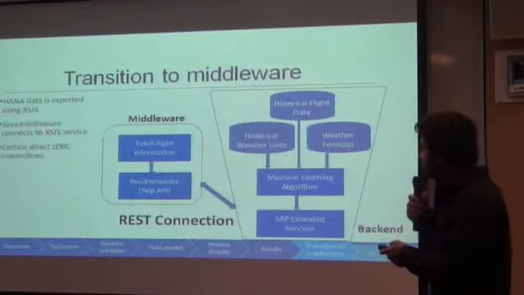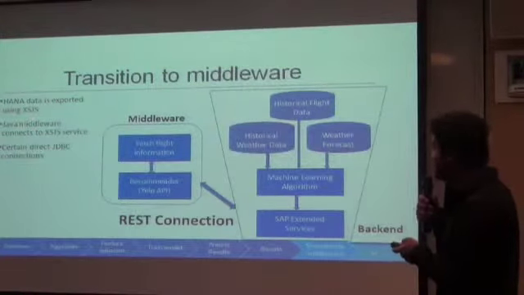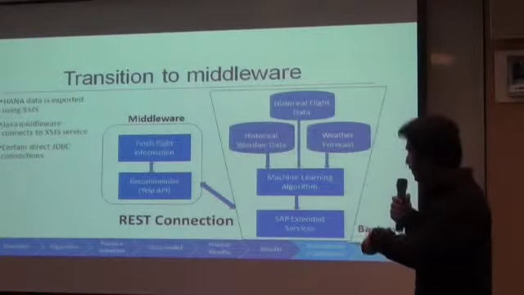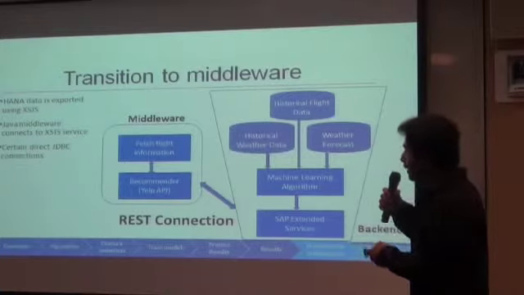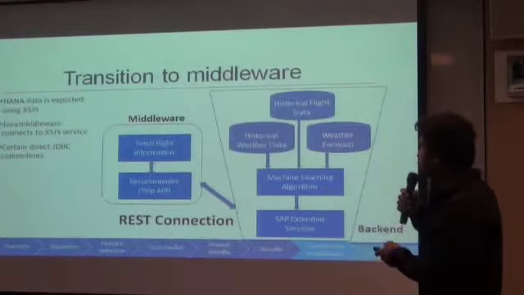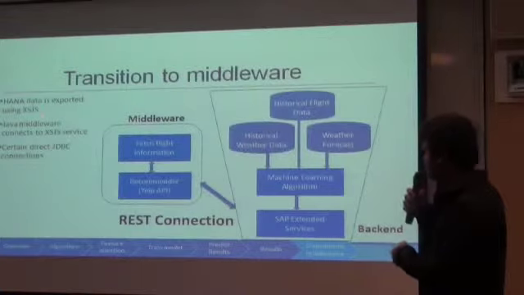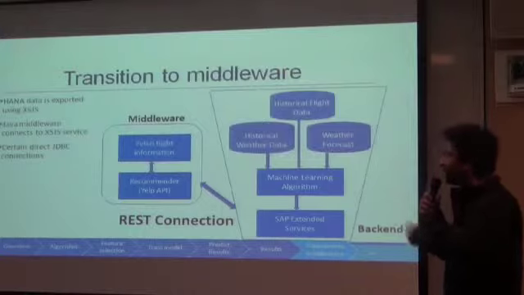So once we have the predicted result, we exported that using XSJS with a simple JavaScript written in the SAP HANA development environment. And then Lily will talk about middleware later. So we chose XSJS to export the data, so that middleware can access it and it can be put onto the mobile later.